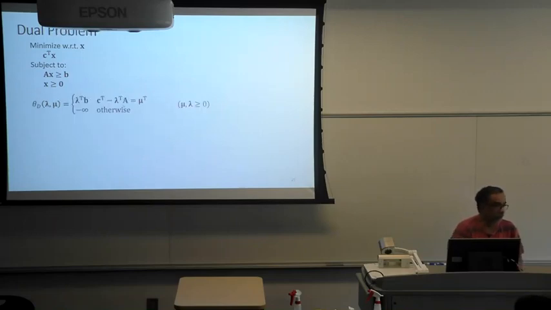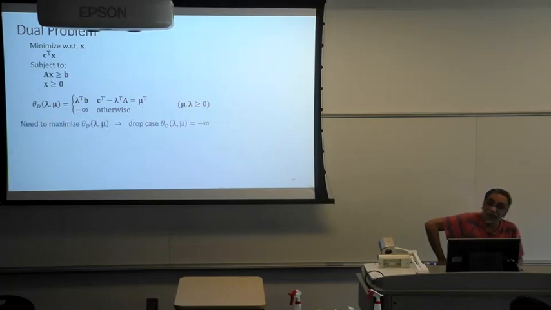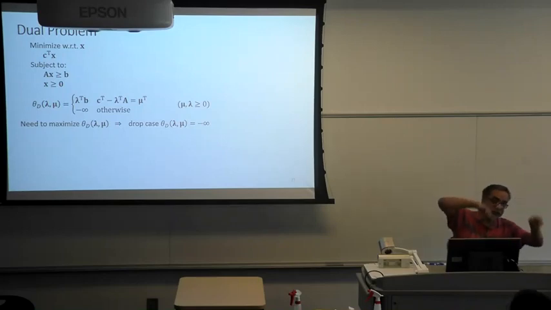So this is the expression we have. And now what we want to do is maximize this. I should have told you at the beginning that here, taking theta d is the minimum with respect to x, and then we maximize theta d with respect to lambda and mu. That's the dual approach.